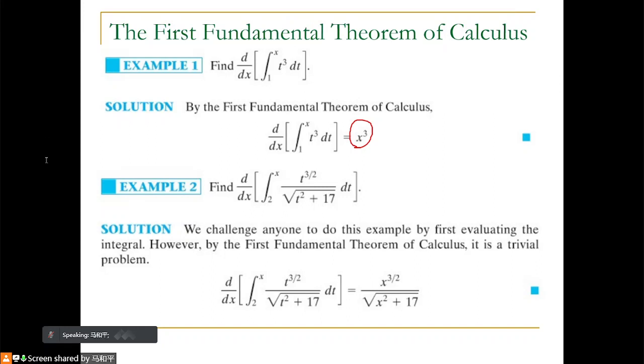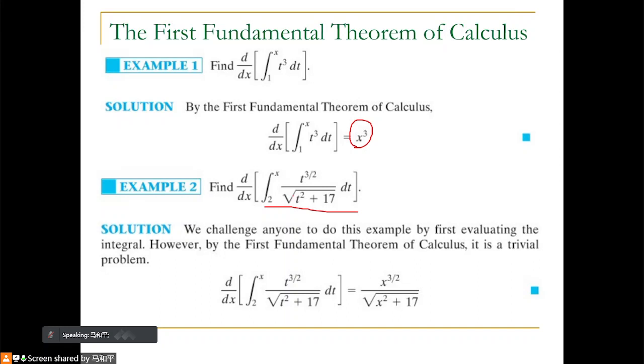Example 1 and questions. And example 2. Here we find the integrand is a complicated function. If we first calculate this definite integral, I think it's a challenge for everyone.